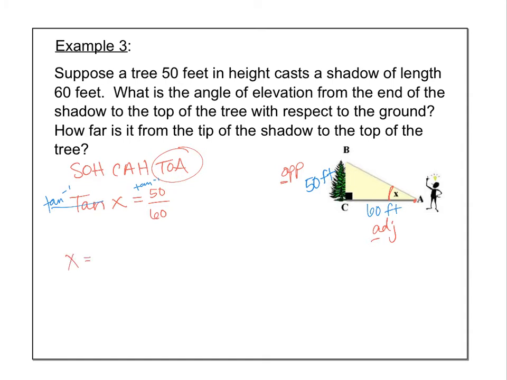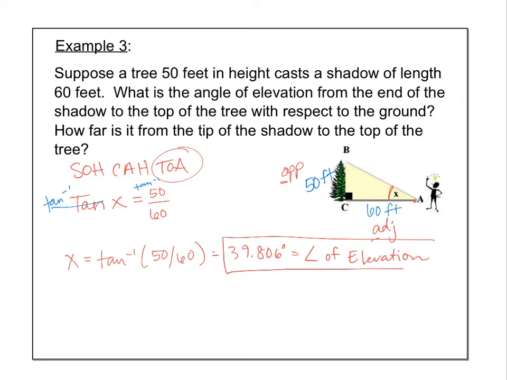So x is going to equal the inverse tangent of 50 divided by 60. This you can now type in your calculator, and you get 39.806 degrees. This is your angle of elevation from the tip of the shadow to the top of the tree.